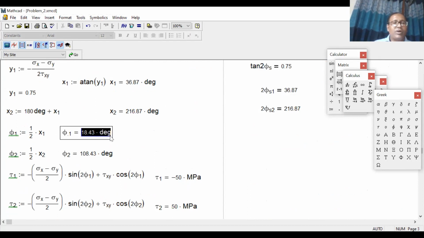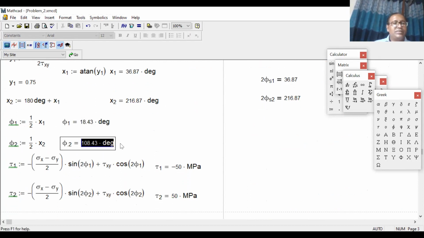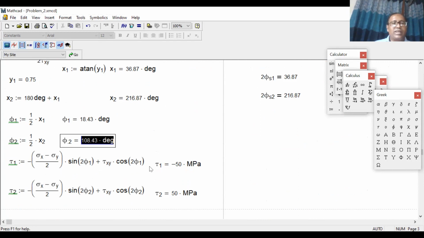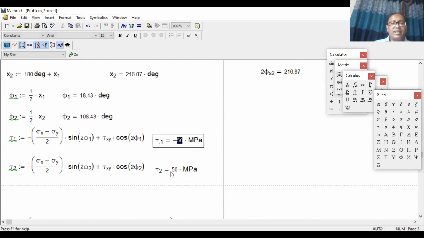Then I got phi 1 and phi 2. This is our mother equation, tan equation. We put there, one time we got minus 50. And if you put the second angle, we got plus 50. Tau 1, tau 2 is the same, but one positive, the other one negative sign.